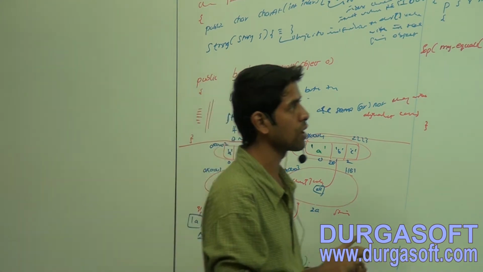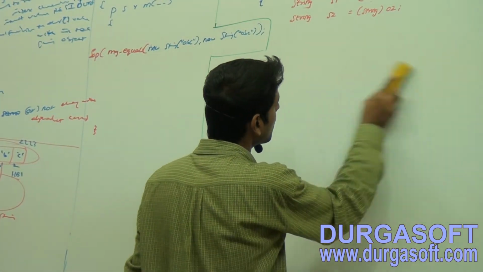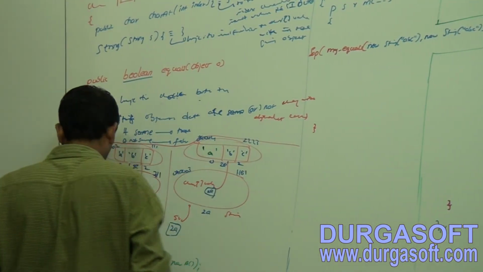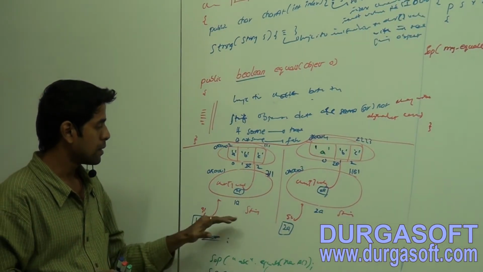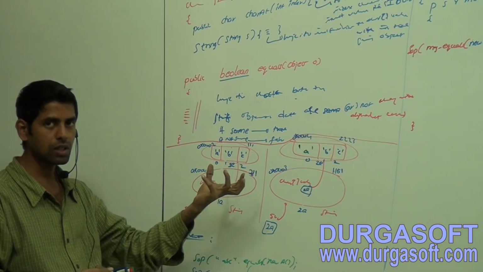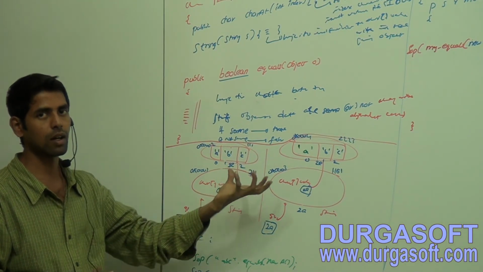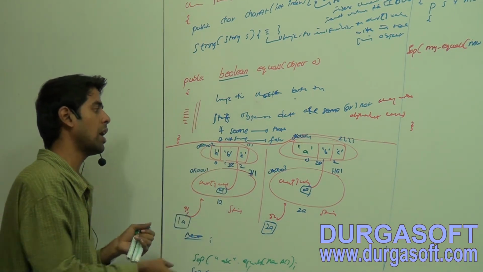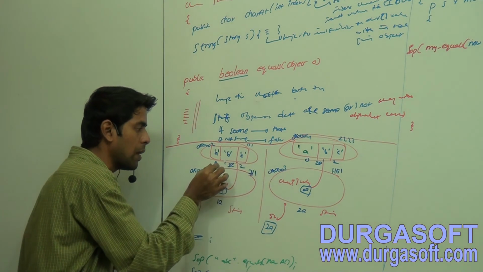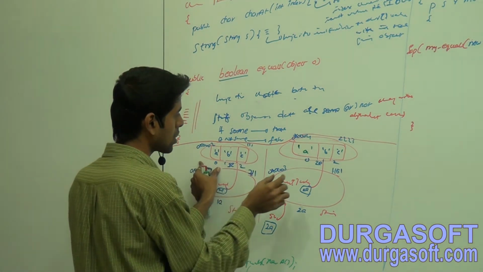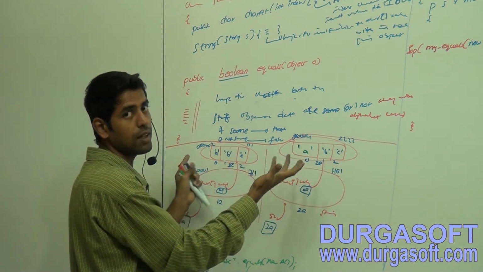Okay, now this part, guys, observe: how to check whether both the strings are equal or not. It means you have to take each and every corresponding index of both the string objects, and check whether they are equal or not.